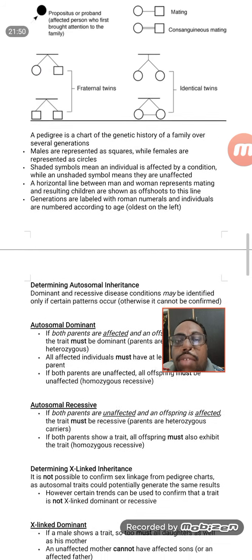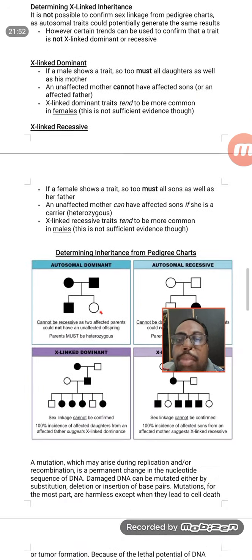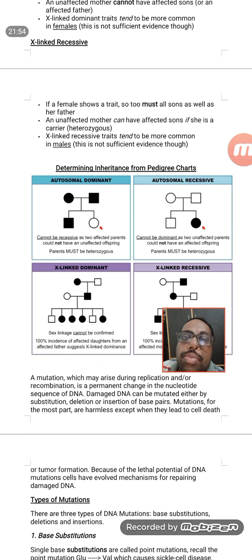If a pedigree chart is given like this, we can extract some results from it. The first is that this is especially used to find out the disease condition.